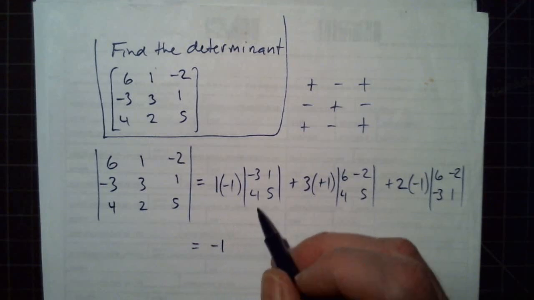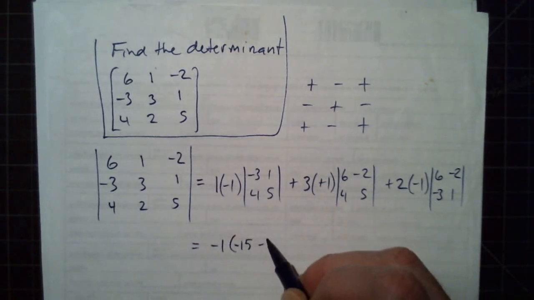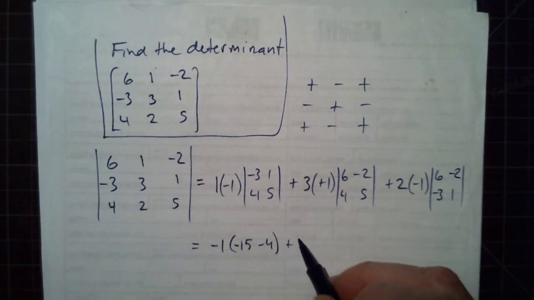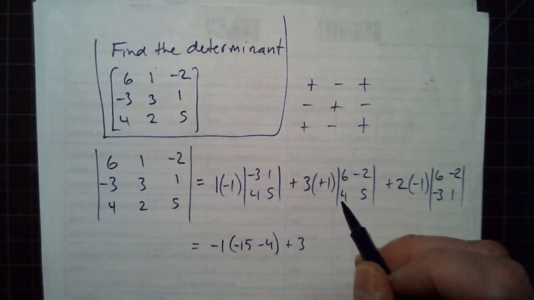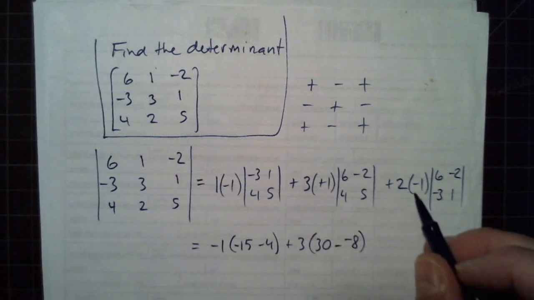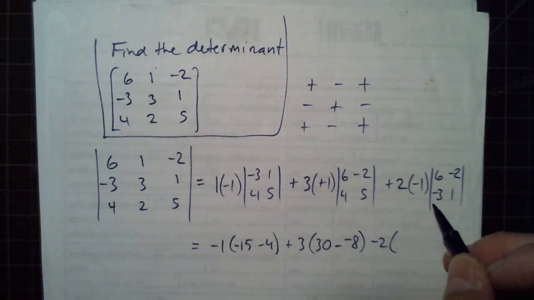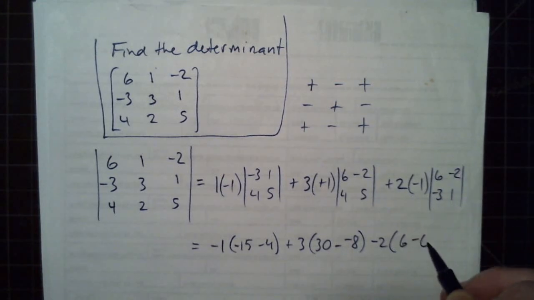So we get a negative 1, negative 15, minus 4, 3, 30, minus negative 8, and negative 2, 6, minus 6.